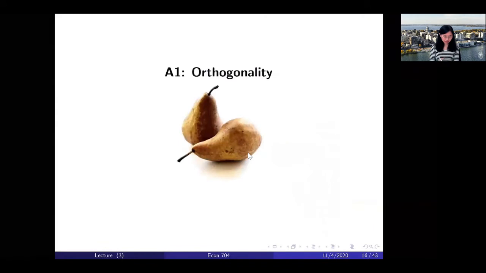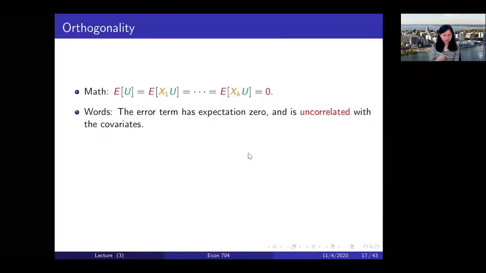Now, so what is orthogonality? Orthogonality, written in mathematics, means that the error term u has expectation 0 and it's orthogonal to all of the included x variables.